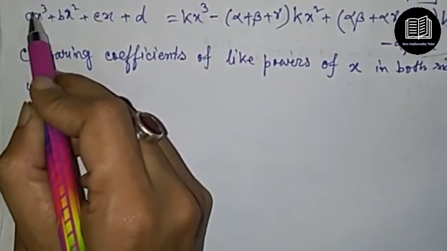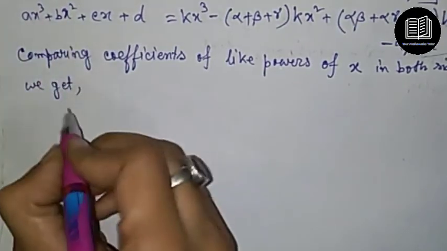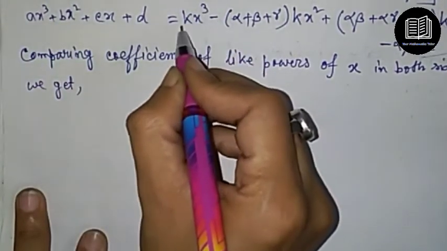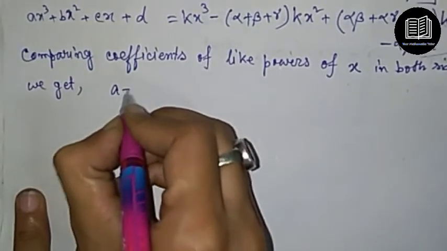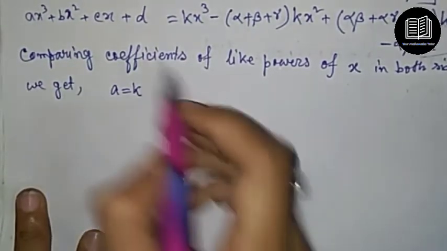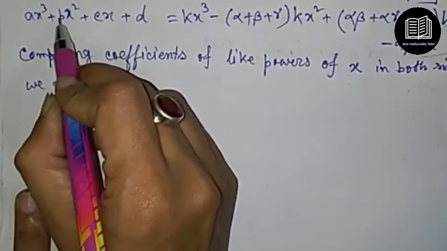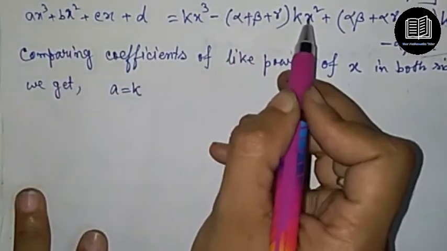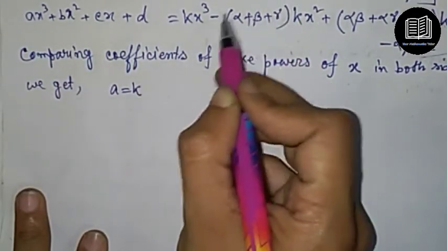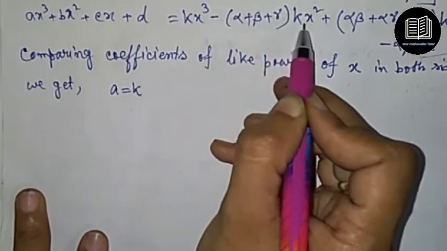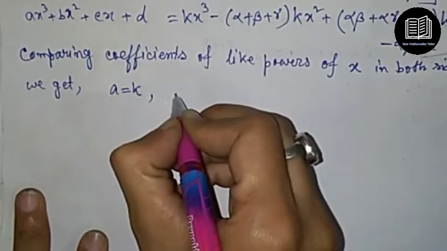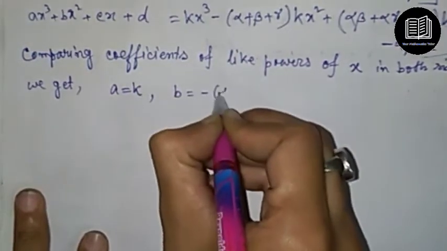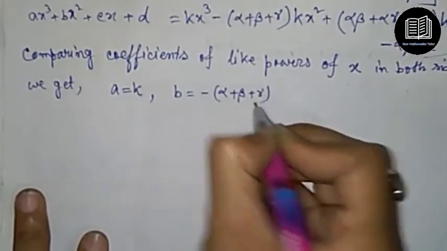On this side the coefficient of x cube is a and here the coefficient of x cube is k. That means a equals k. Similarly, the coefficient of x square is b and here the coefficient of x square is minus (alpha plus beta plus gamma) into k. That means b equals minus (alpha plus beta plus gamma) k.